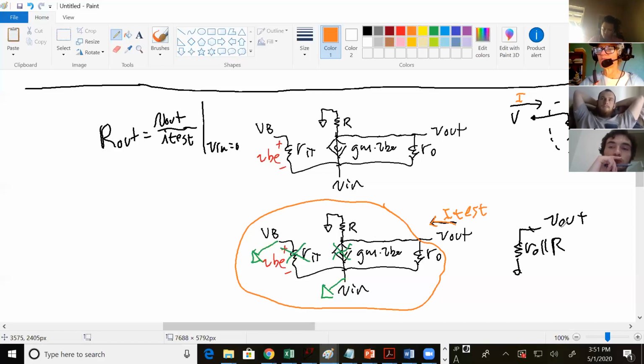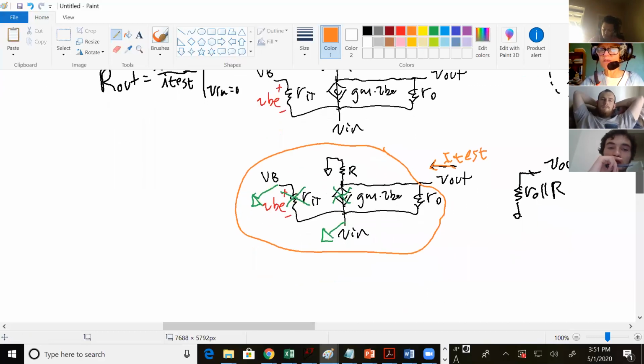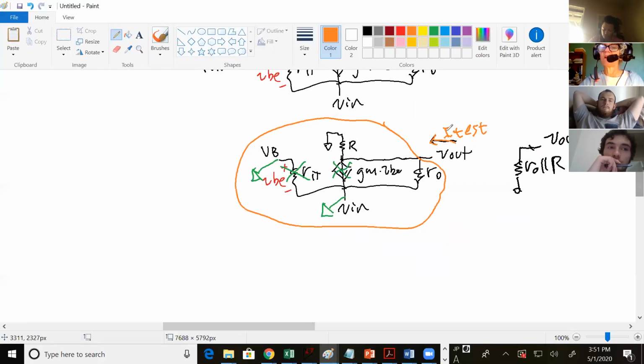In this case, it's pretty straightforward what R out would be, since it's just a resistor. But when we get to more complicated circuits, using I test is going to be important. So even though it's pretty straightforward, I'm going to write it in here. It should be lowercase, sorry, I test. And then I'd set up an equation.